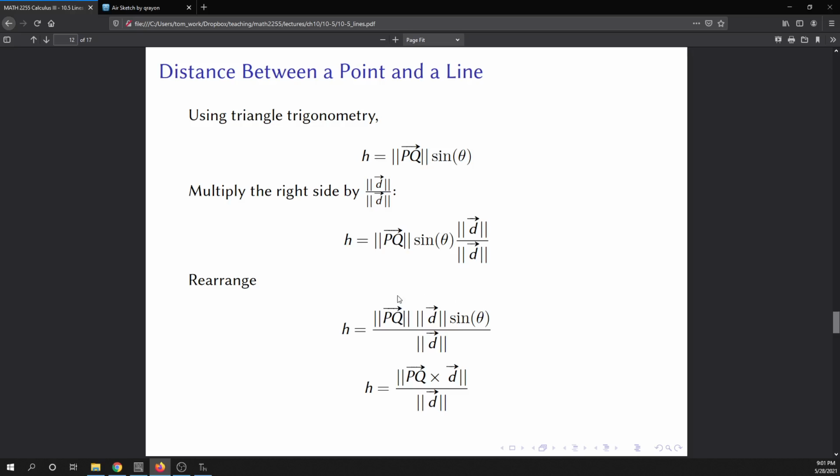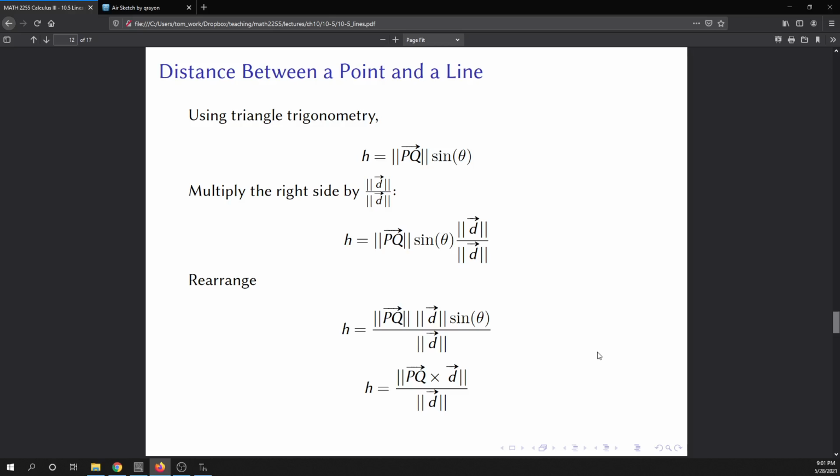And then if you recognize the top, that's exactly the same as the magnitude of the cross product of the vector from P to Q and the direction vector d. Okay, and so we can replace it with that. So now we don't need to know the angle in between there. We just compute this out. So this is the form that we will use.